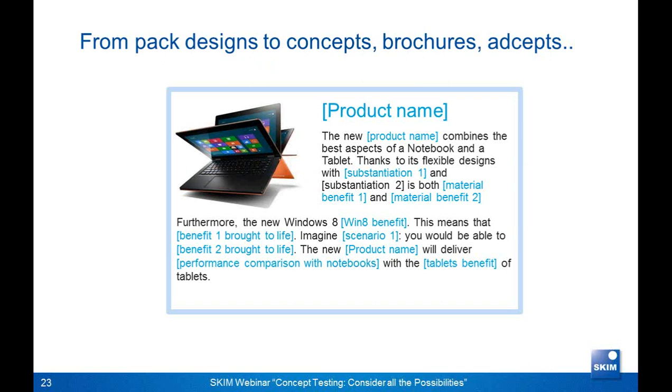What you could do is test this product concept by changing continuously the product names, the type of benefits that you want to communicate about different elements of this product, different ways to substantiate these benefits, or you can test different reasons to believe or different types of endorsements. So in this way, you'll be able to really optimize your product concept.